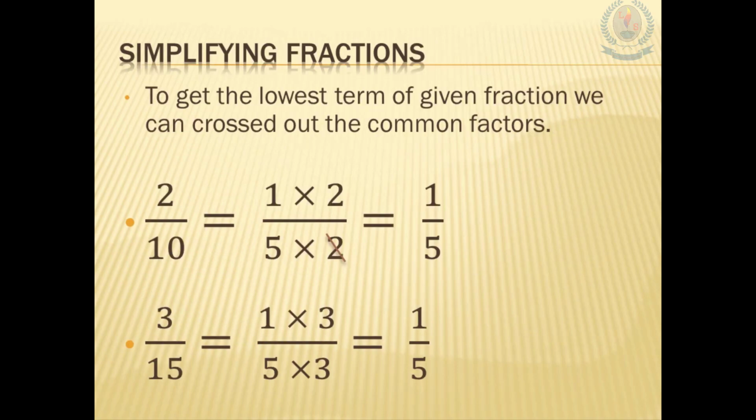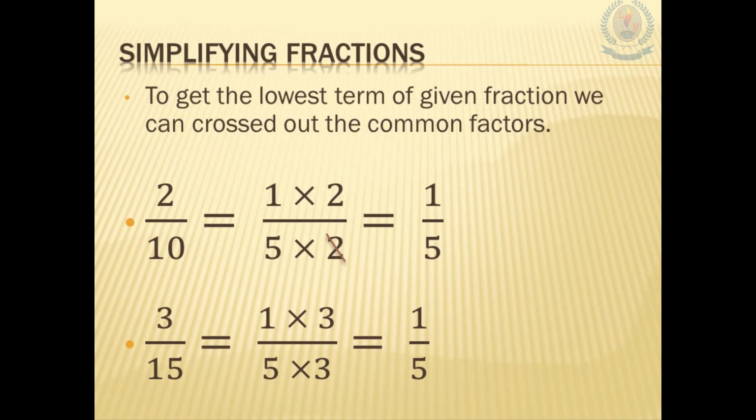Simplifying fractions. To get the lowest term of a given fraction, we can cross out the common factors. For example, if you want to simplify 2/10, you can write the denominator and the numerator as a multiple of 2. 2 is the common factor for both denominator and numerator.